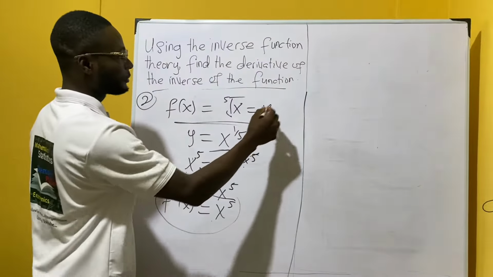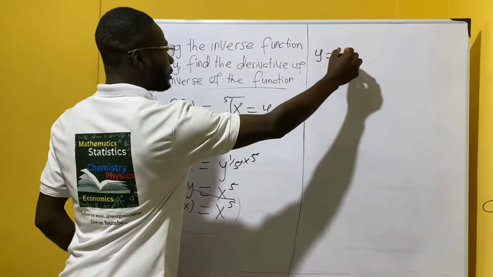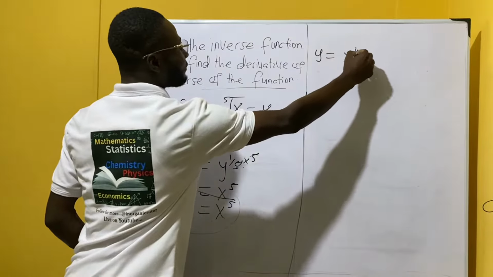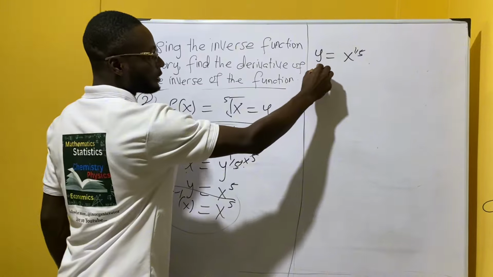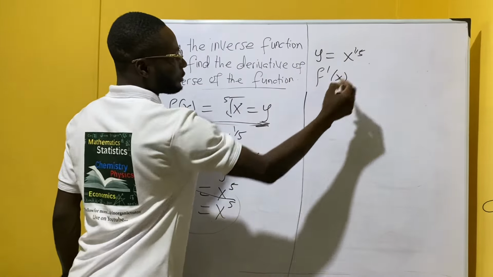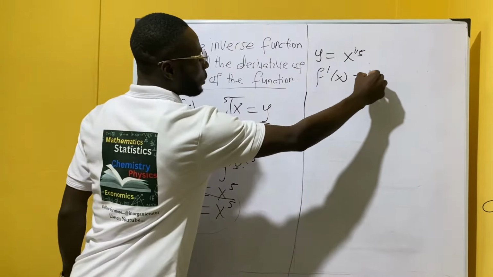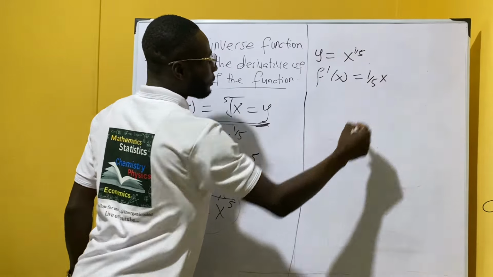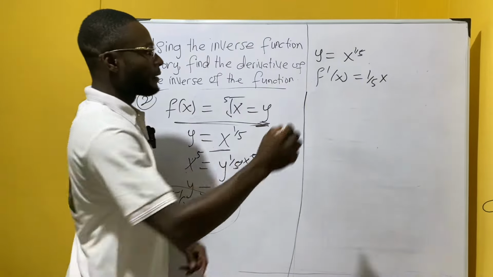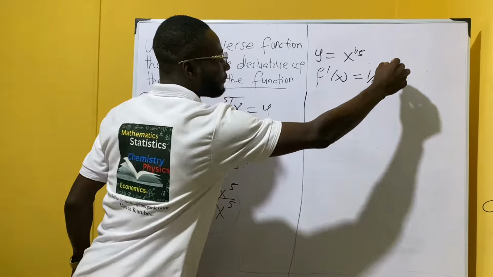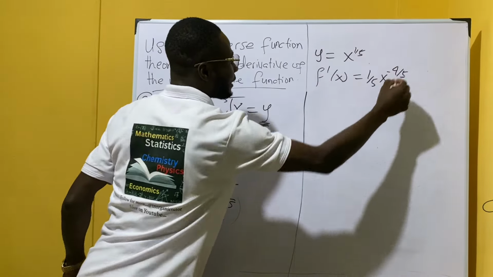So when you find the derivative of this function, which is y equals x to the power 1 over 5, the derivative of this, right, is going to be 1 over 5 x to the power minus 4 over 5, right?